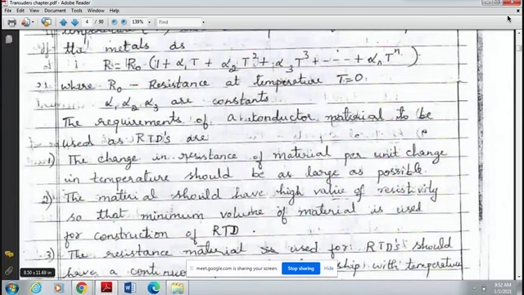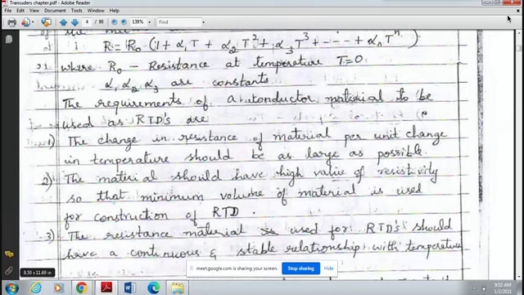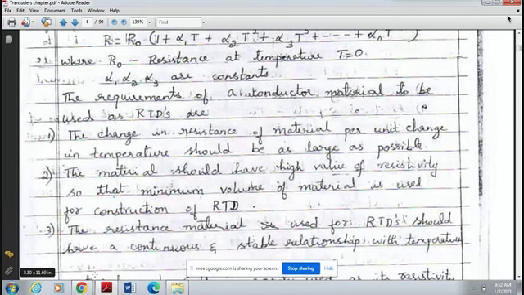Next, the material used for this resistance temperature detector should have a continuous and stable relationship with temperature, because the resistance temperature detector is completely based upon the change in the resistance of the material. So it works on the principle of the change in the resistance of the conductor.